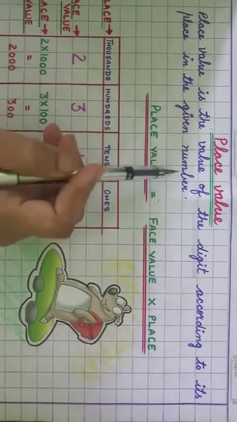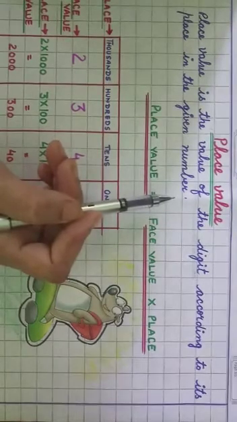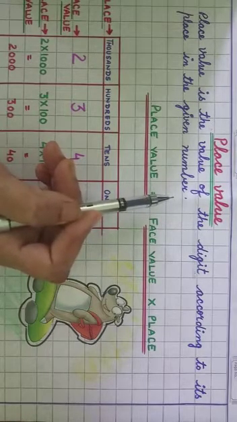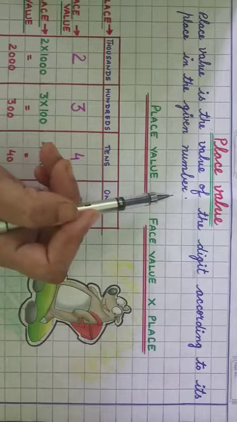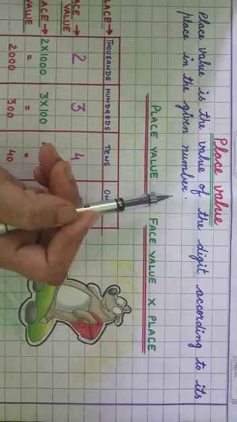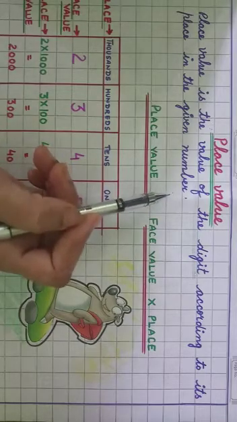It means that every digit in a number has its value, and when we find its value on the basis of its place, then it is called its place value. Clear, beta? In the place value, the role of place is very important.